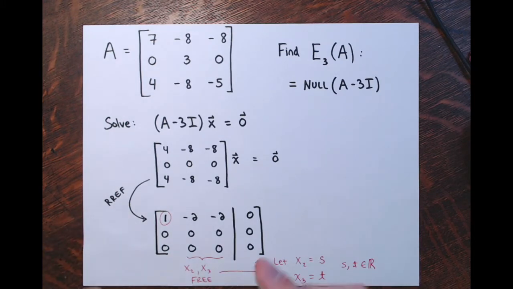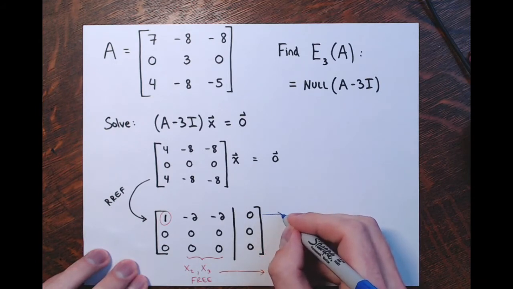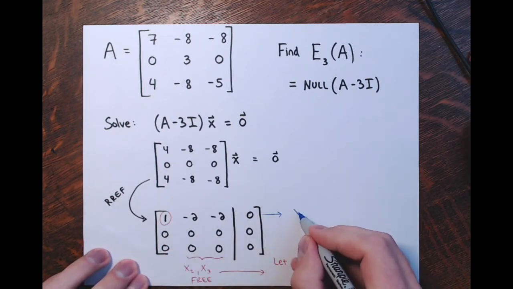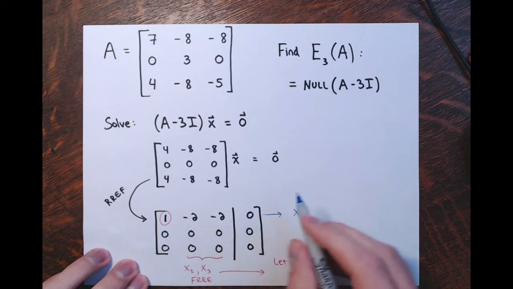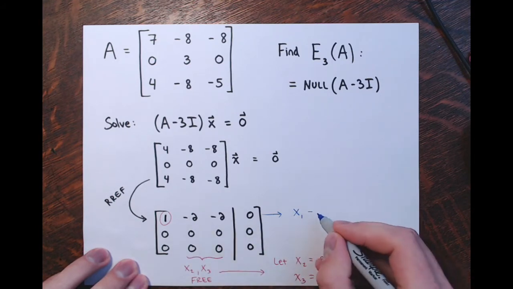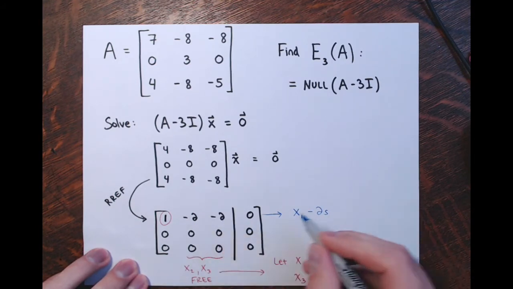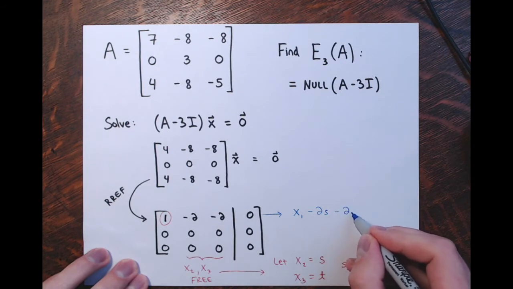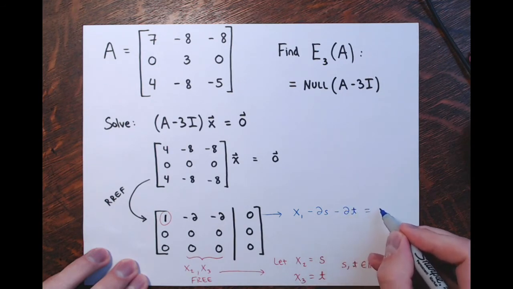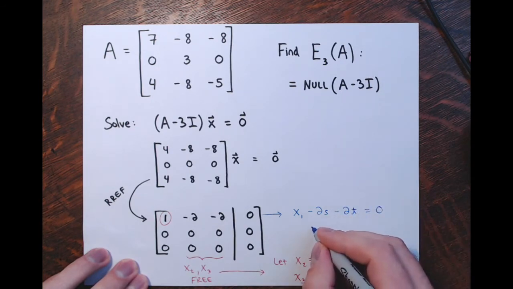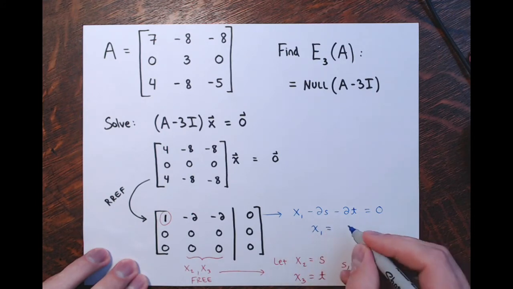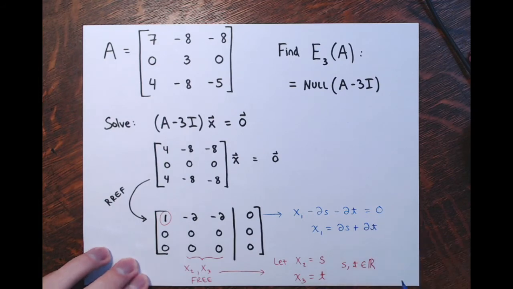Alright, then from that first row, we're seeing that 1x1 minus 2x2, or minus 2s, minus 2x3, or minus 2t is equal to 0. So I'm getting x1 equals 2s plus 2t.